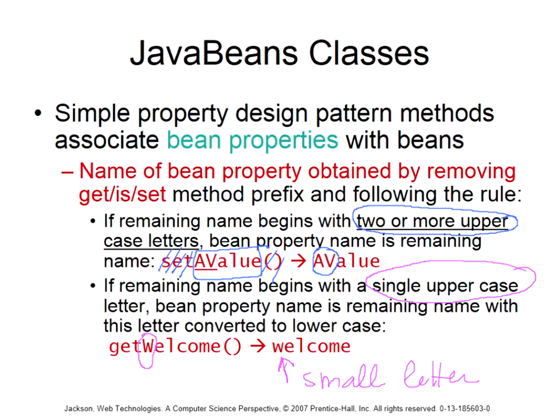Okay, I will repeat. Now we discuss the relation between the method and the property, or the attribute name, of our Java class. There are two rules. We just have to remove get, set, or is.